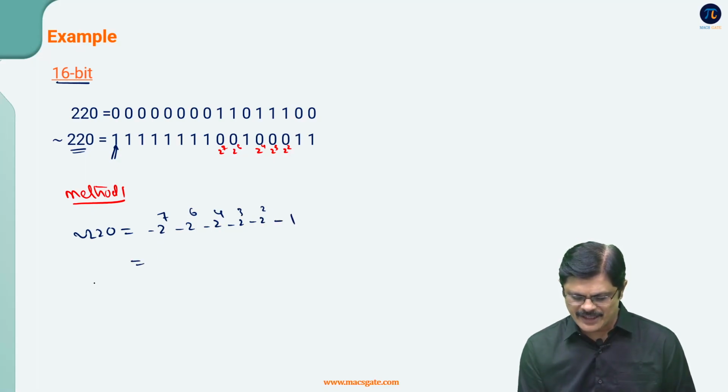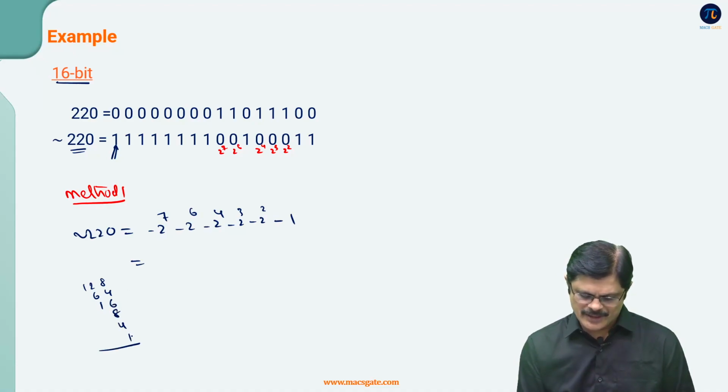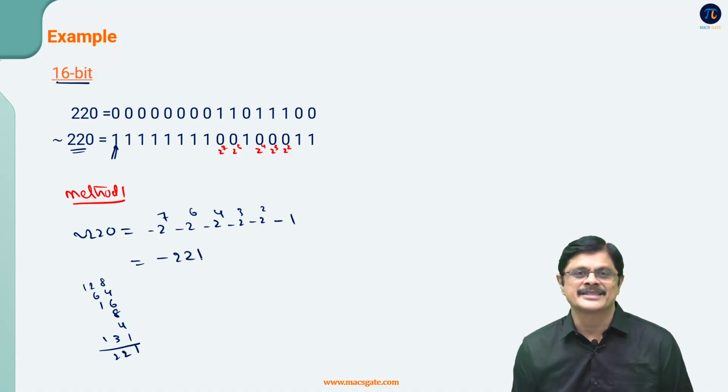It is 128, 64, then 16, 8, 4 and 1. Adding up, it is 221. So, you get minus 221 as the answer.